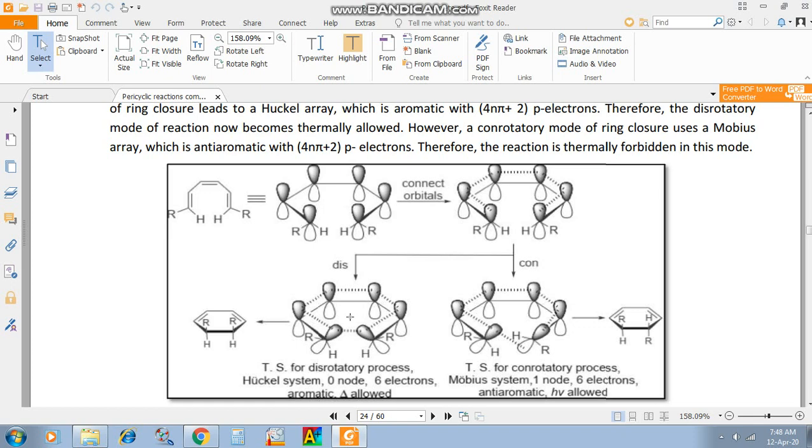In fact, only for electrocyclic reactions do we use the correlation diagram method. For other types of pericyclic reactions, we use either the frontier molecular orbital method or the perturbational molecular orbital method to arrive at the conclusion very easily.